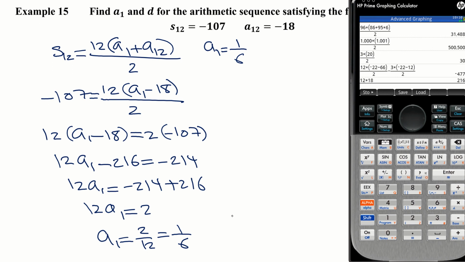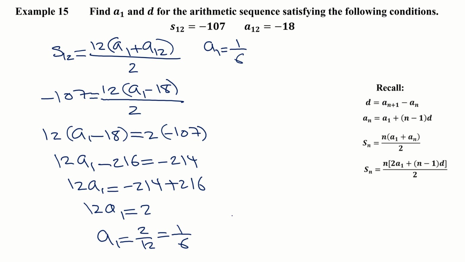So now we have options. We can either use this formula here to get D, but it'll be much simpler if we just use our regular An formula, given that we know A12 and we know A1 and we know n. So that's what we'll do.